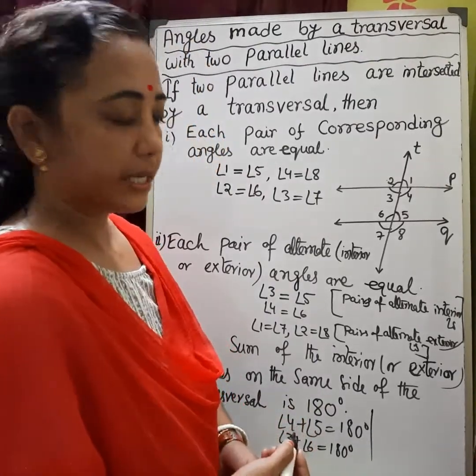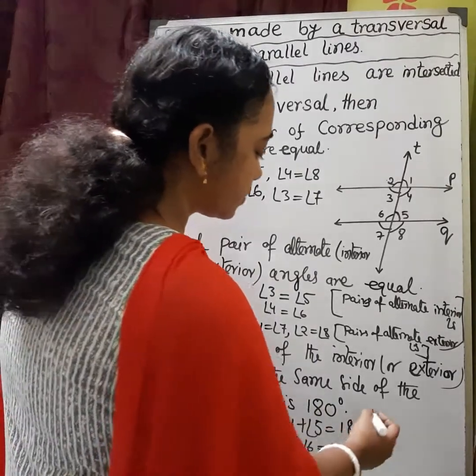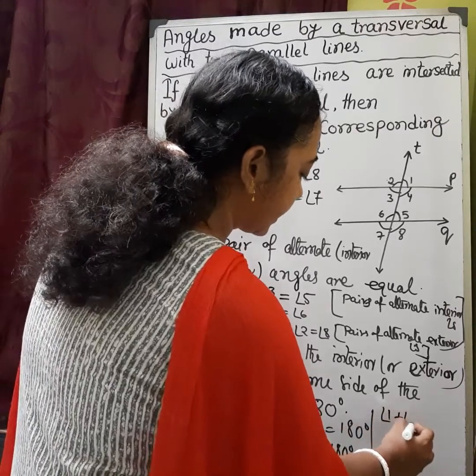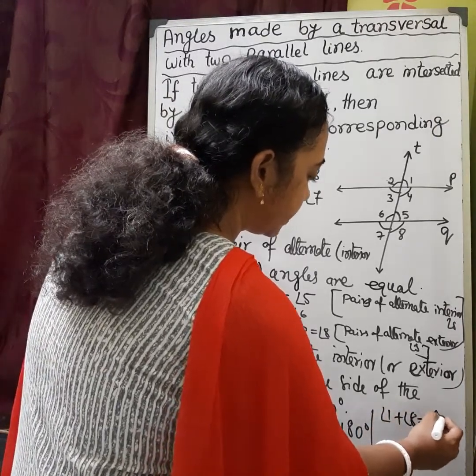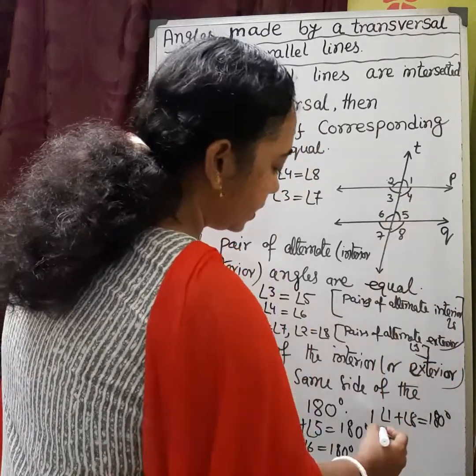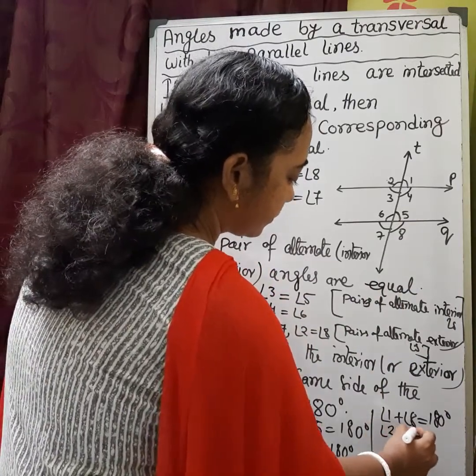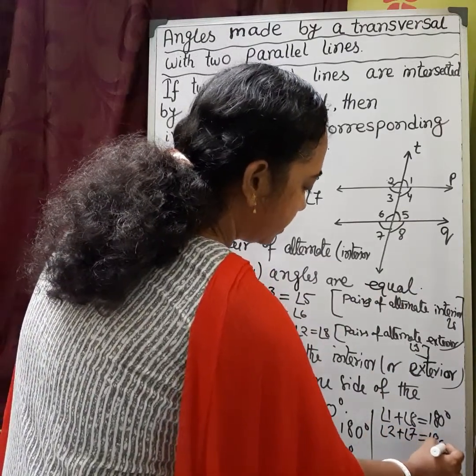Now if we consider the exterior angles on the same side of the transversal, then that will be angle 1 plus angle 8 is equal to 180 degree, and the second one will be angle 2 plus angle 7 is equal to 180 degree.